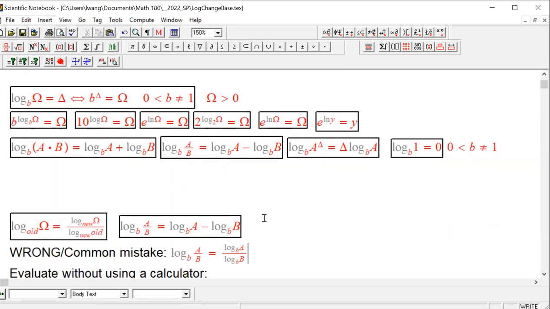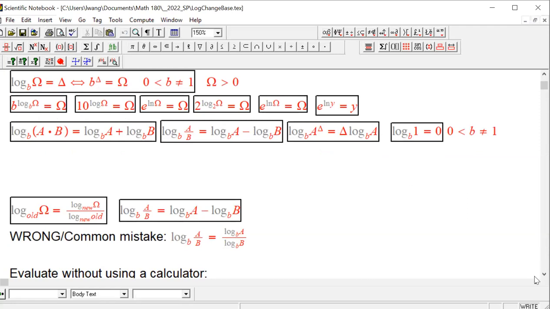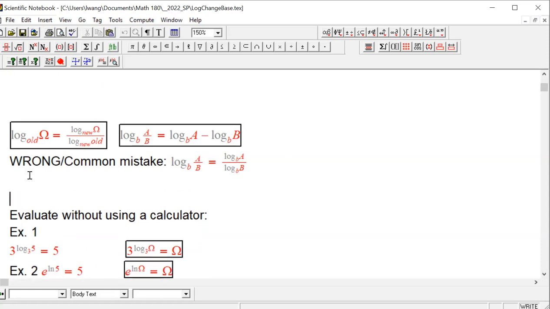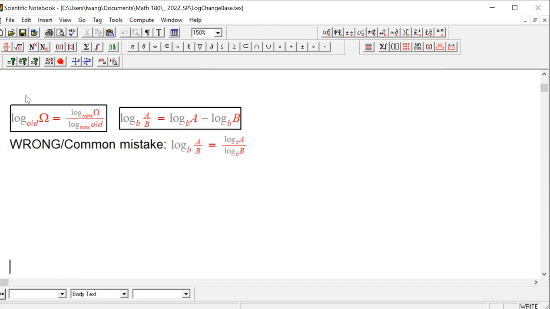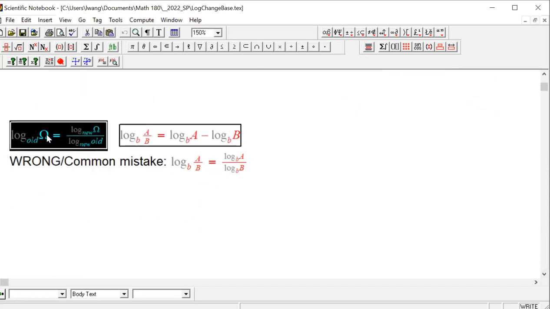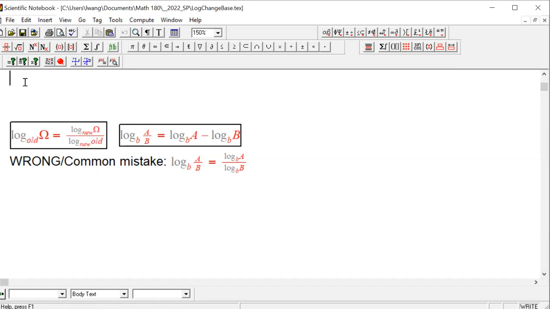Okay, so here we go. We're going to practice using the change of base formula. When do we need to use change of base? So first, let's explain change of base.